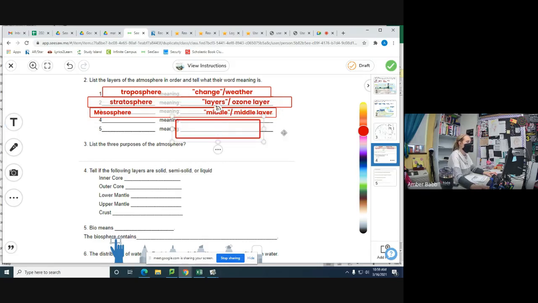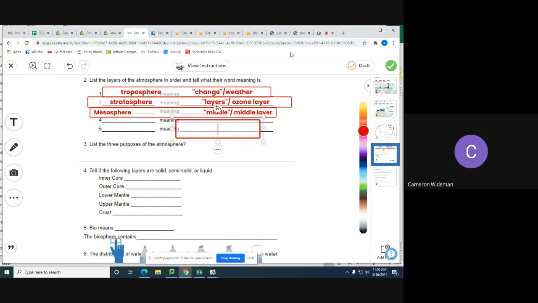Okay, now I've got my fourth layer, which is the what? Raise your hand. Cameron, I haven't heard from you. What's the fourth layer? Do you remember by chance? You guys don't have the handy poster in front of you, but do you remember? If not, it's okay. Is it thermosphere?